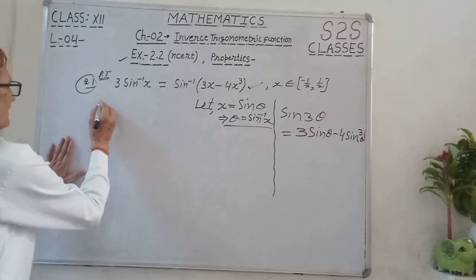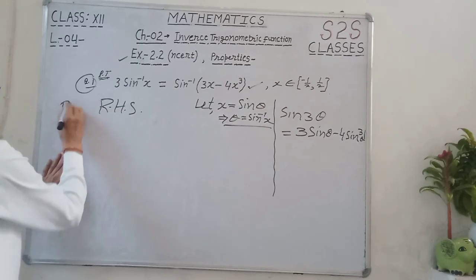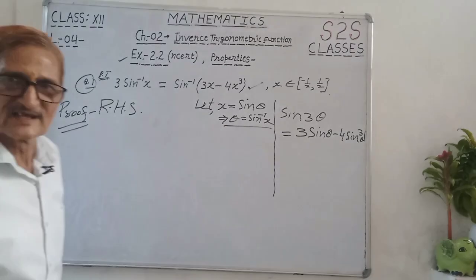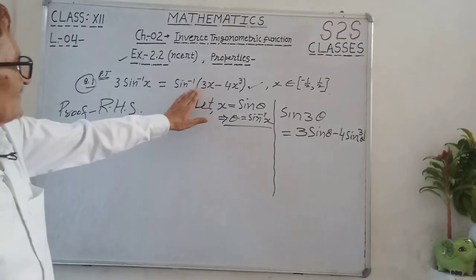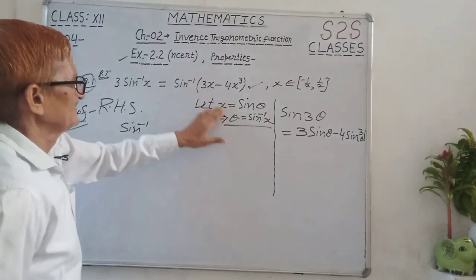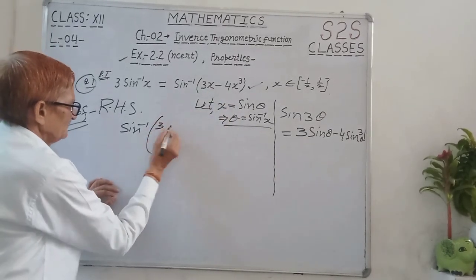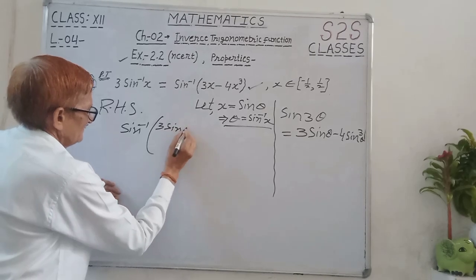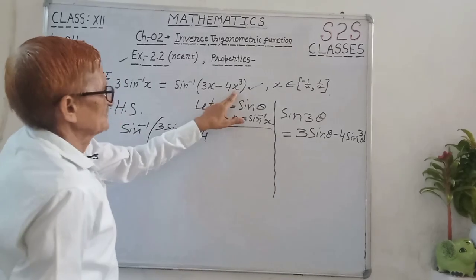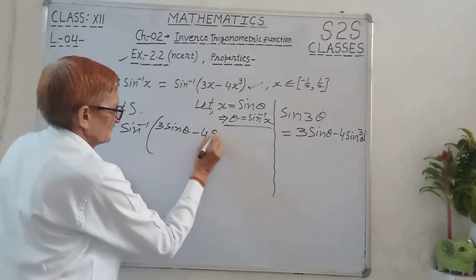Now here we can take the RHS. In the proof, take the RHS: sin inverse of 3x minus 4x cube. Here x is sin theta, so 3x is 3 sin theta, and x cube is sin cube theta, so 4 sin cube theta.